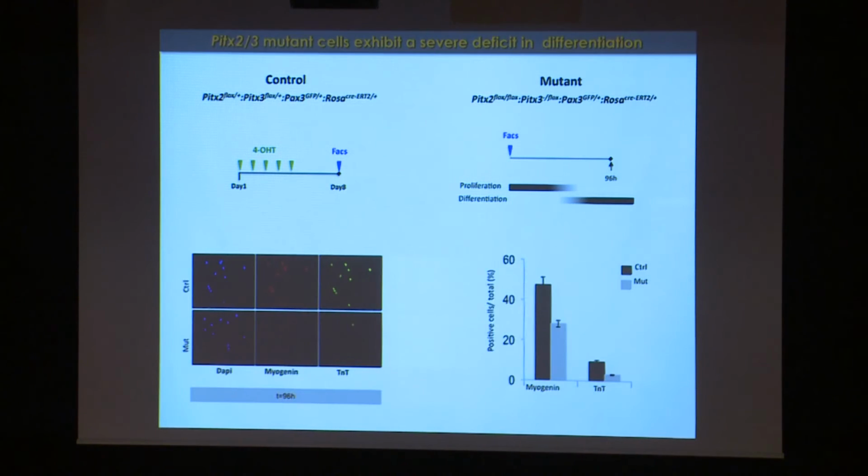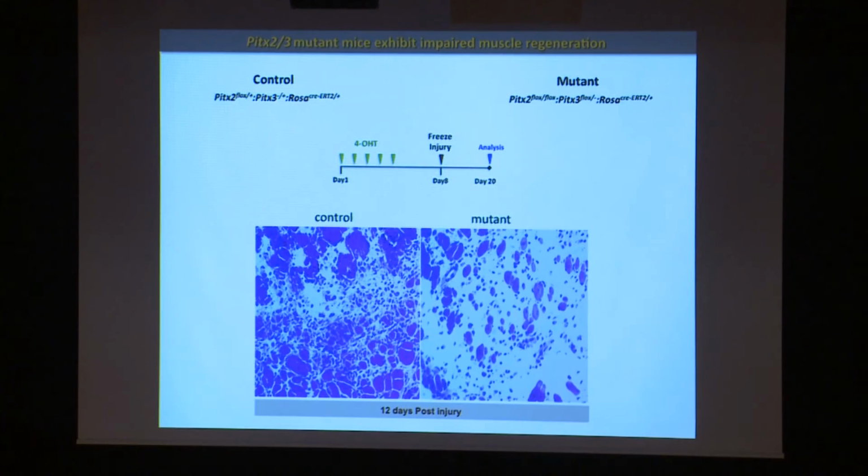And when we looked at the capacity to differentiate, we also found a marked deficit in the capacity of PITX2 deficient satellite cells to undergo differentiation. So clearly this seems to be quite important. And all the data I just presented about PITX were from ex vivo observation, which means tissue culture observation.